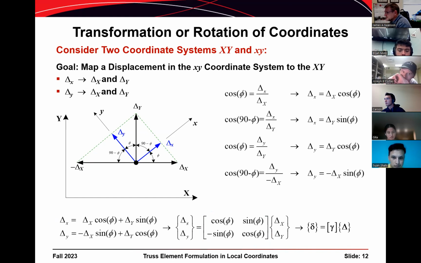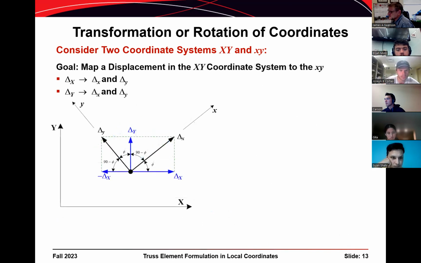All right, now we've developed a way of calculating displacements in the local axes, a local coordinate system, as a function of displacements in the global, right? We have delta little x as a function of delta big X and delta big Y. Let's go the opposite way now. Let's develop a relationship between delta big X as a function of delta little x and delta little y.